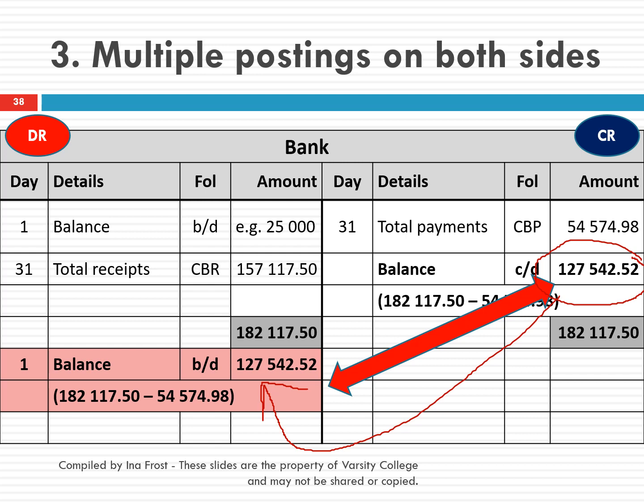So in the next month, the bank account is going to start with an opening balance of 127,542 and 52 cents. So that's how you will go about to balance an account that has got both debit and credit entries. You can also practice this as you complete that general ledger accounts for question 4.8.